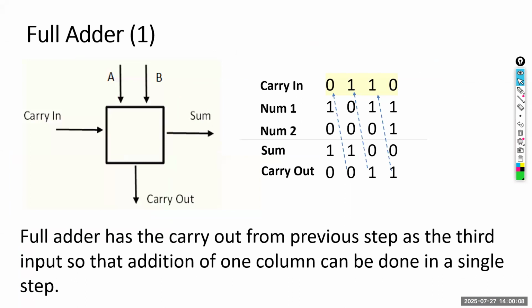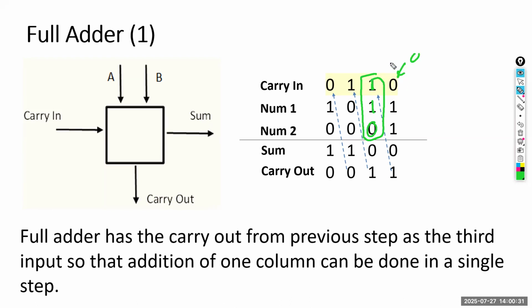So now we move on to full adder. Full adder has three inputs. Why? Because when you are in this kind of a situation, there's a possibility that there's a carry from previous step. So then you need three inputs. Here, two inputs is enough because always this is zero, right?